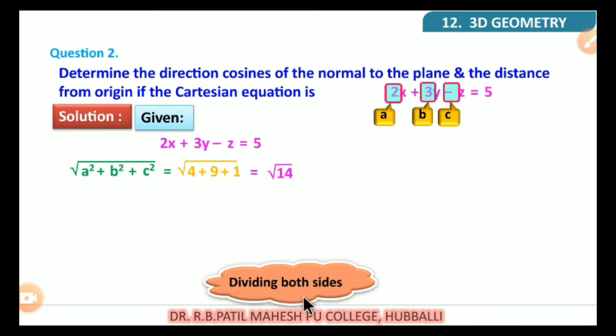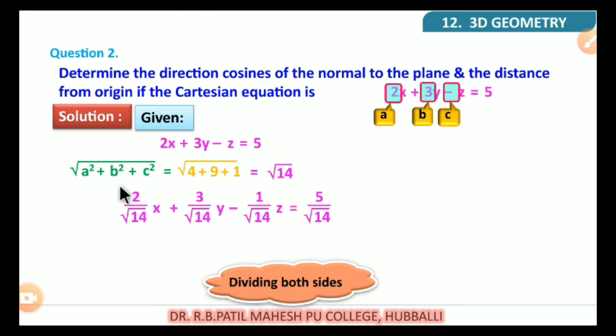Now we divide both sides of this equation of the plane by square root of 14. So it becomes 2 by square root of 14 x plus 3 by square root of 14 y minus 1 divided by square root of 14 z is equal to 5 by square root of 14.